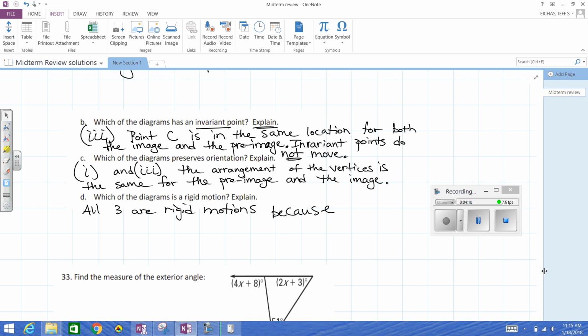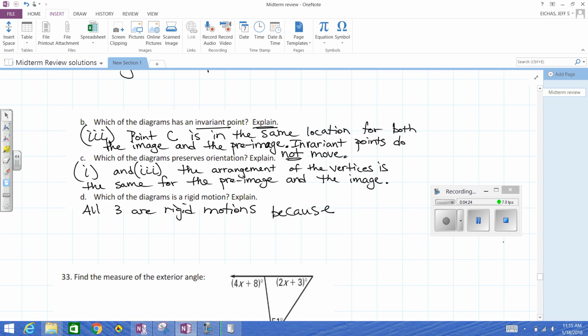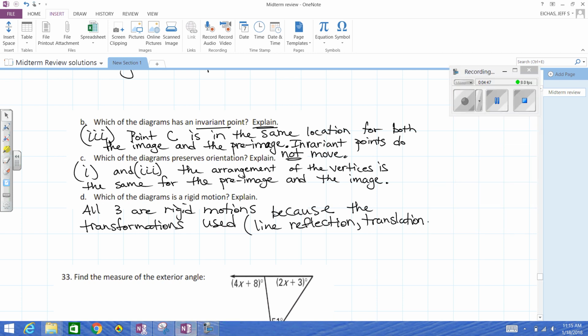Because, let's see, the transformations we used, line reflection, translation, and rotation are all rigid motions.